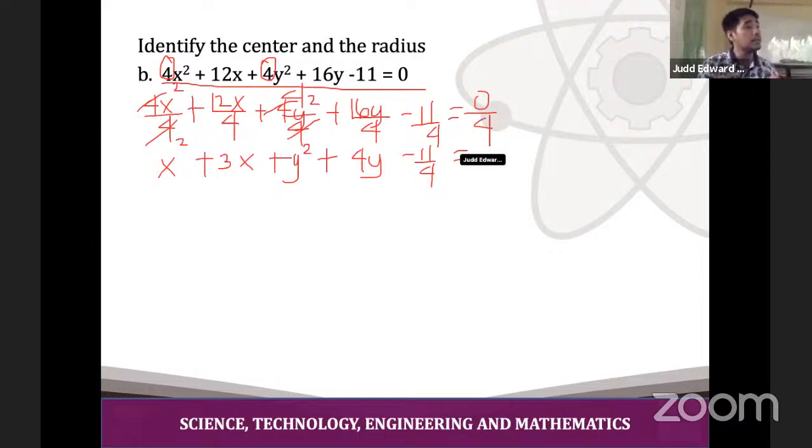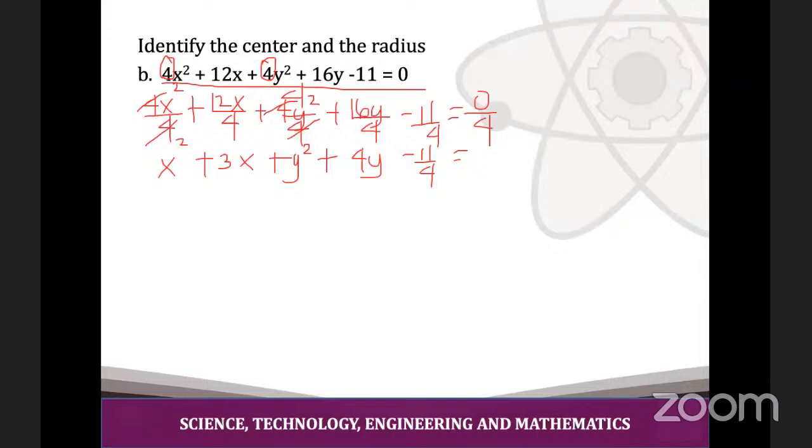If we are completing the square just like this one, always remember that we are not required to rewrite the given fraction to decimal. Dapat wala akong makikita sa inyo na nagko-complete ng square na nakadecimal. Lahat yan dapat in fraction. And what is the right side? 0 over 4 is equal to 0.